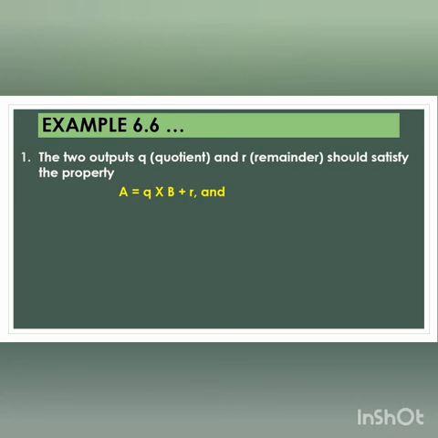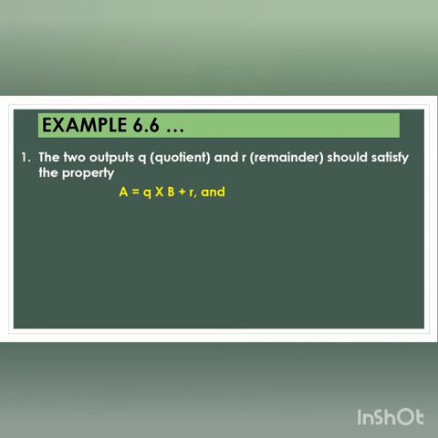The two outputs, Q quotient and R remainder, should satisfy the property: A is equal to Q into B plus R. Q is the quotient, B is the divisor and R is the remainder. When you multiply quotient into divisor and add the remainder, you will get the dividend A.